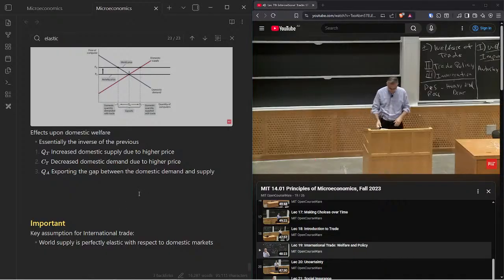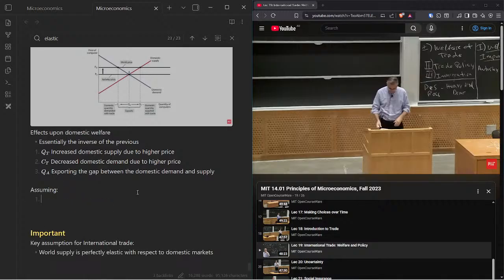So really, the key points are basically: trade increases imports, assuming specialization due to comparative advantage.